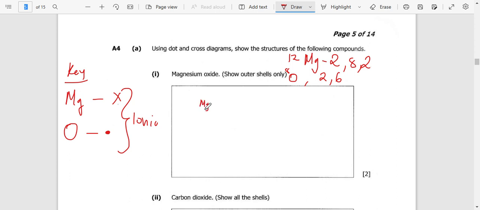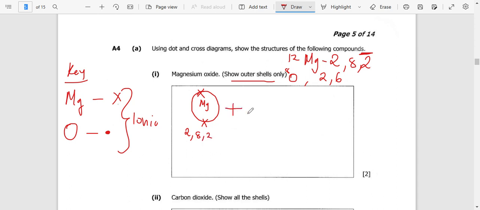So what I'm going to do is write magnesium. I'll put Mg, with a 0 like that. We are only interested in outer shells, so the electrons in the outermost shell are the only ones to show. For magnesium we are using X, so I'll put it like that. And the electron configuration, don't forget, is 2 comma 8 comma 2.